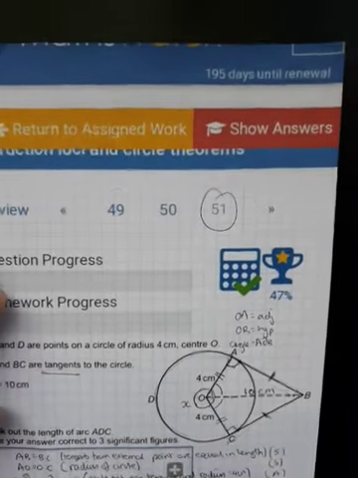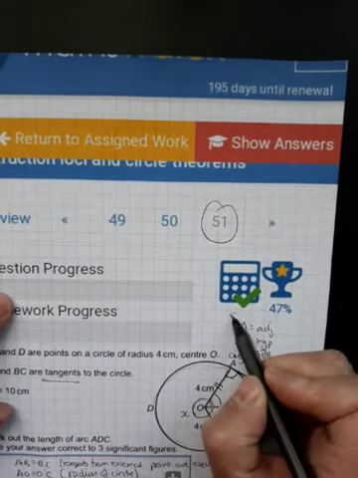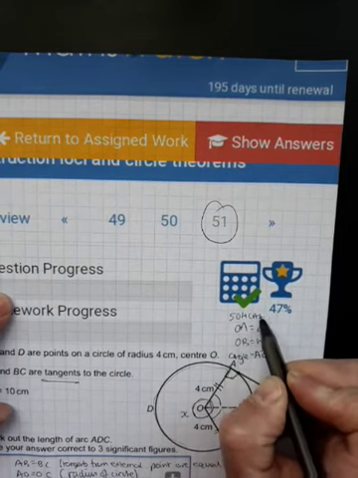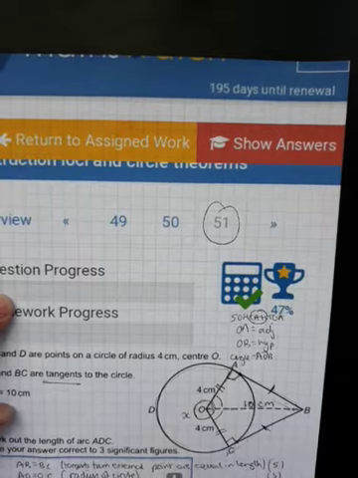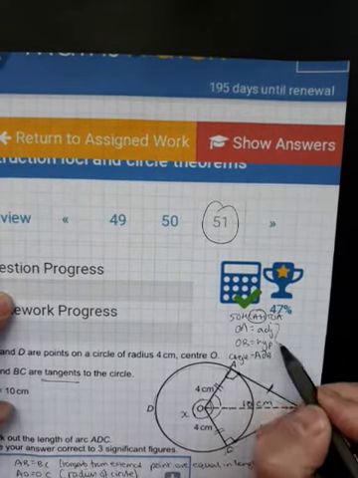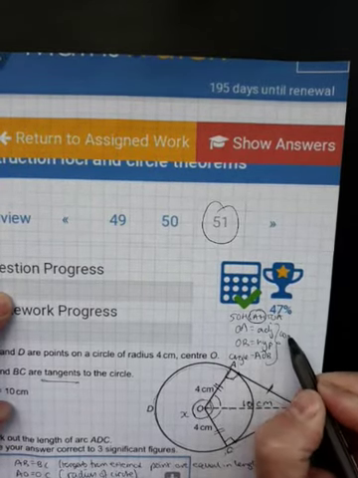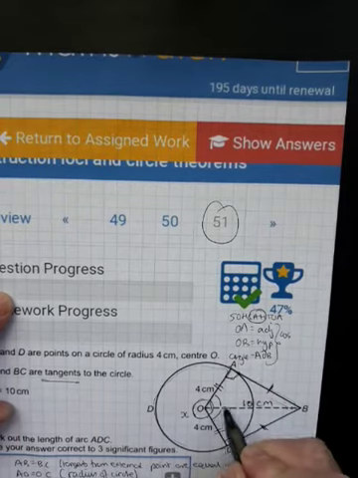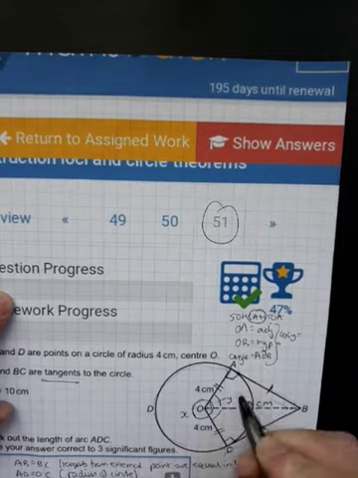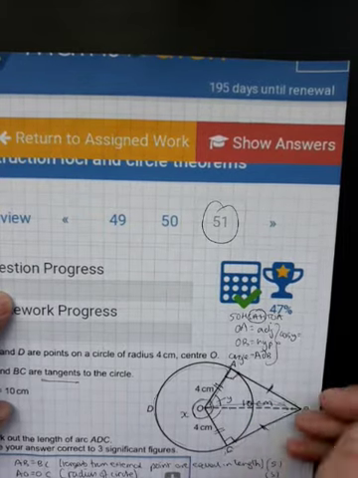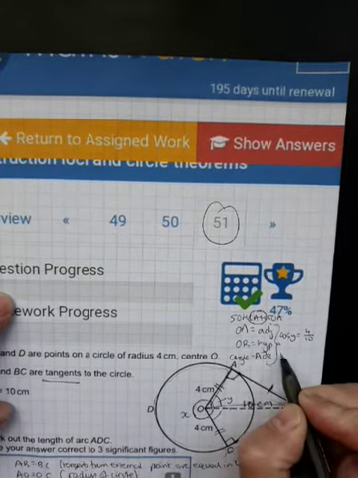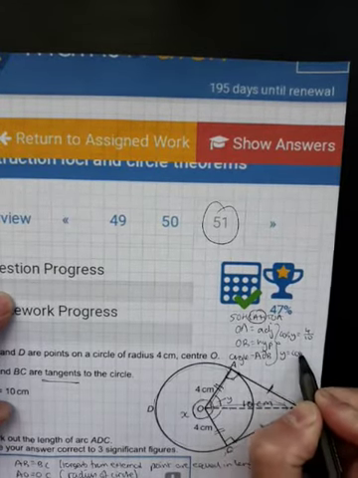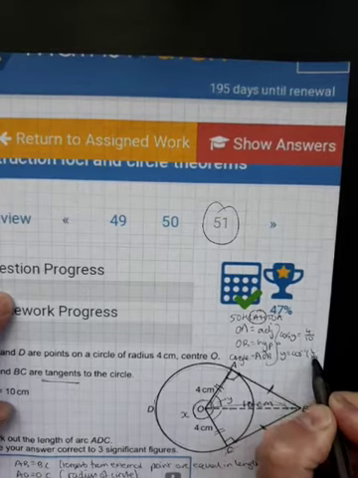So from SOHCAHTOA, for those people that have done this, we've got adjacent and a hypotenuse. We're looking at the cosine ratio there. So cosine of the angle, let's call this one here y. Cosine y is adjacent over hypotenuse, is 4/10. And so y must be equal to the inverse cosine of 4/10.